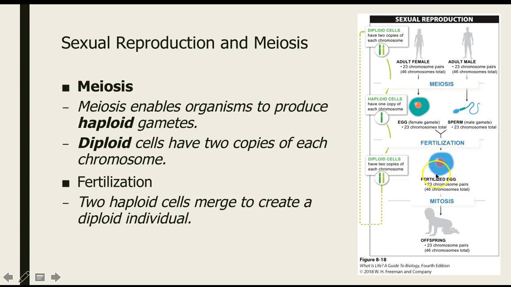In fertilization, you have this fertilized egg. The fertilized egg has the proper number of chromosomes, and if that fertilized egg goes through the full developmental process and is born, you have this offspring that is fully complemented with its chromosomes. So fertilization is when two haploid cells merge to create the diploid individual.